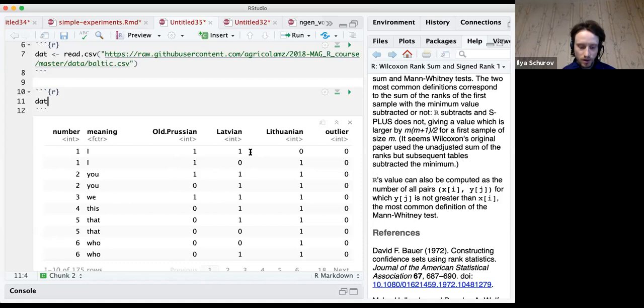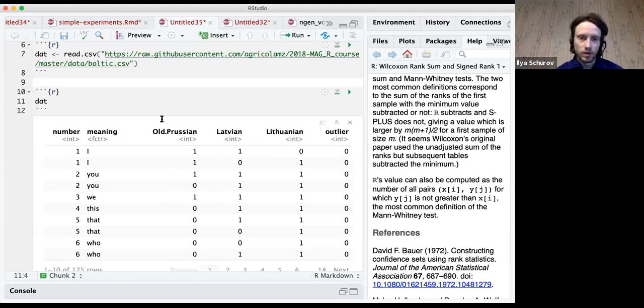So basically in this table, our languages are written in columns, but I want my observations to be written by rows, so I can transpose this table.